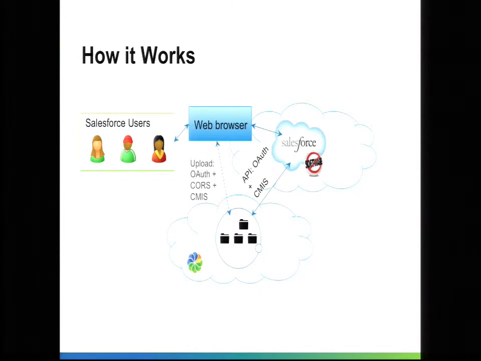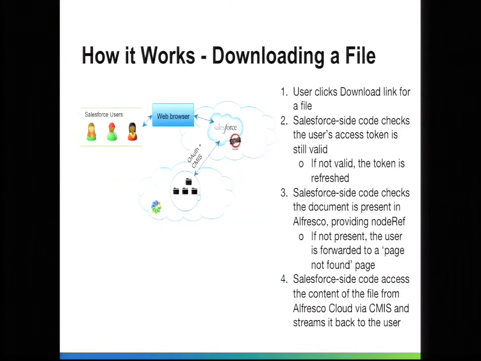We also use a standard called CORS, and that allows us to do the uploads, and it enables us to bypass some of the limits that Salesforce have built into their system. This is all completely transparent to the user, so all they see is the document gets uploaded. But behind the scenes, we're using this CORS standard to do that.